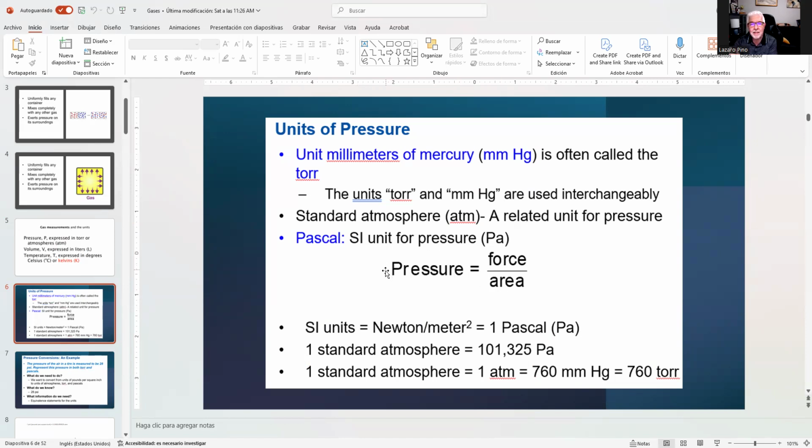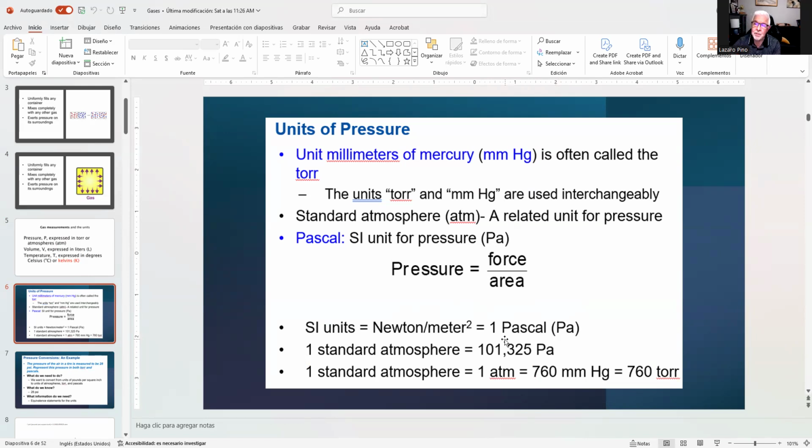In general, we can say that pressure is equal to the force divided by the area. We can say that a Newton divided by a square meter is 1 Pascal, and this is the unit that is used in the international system.